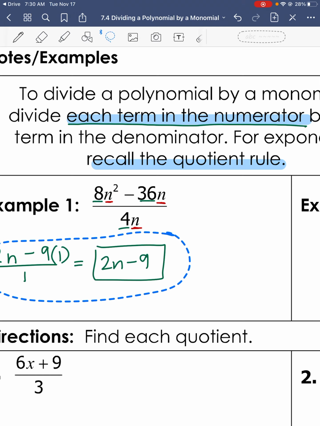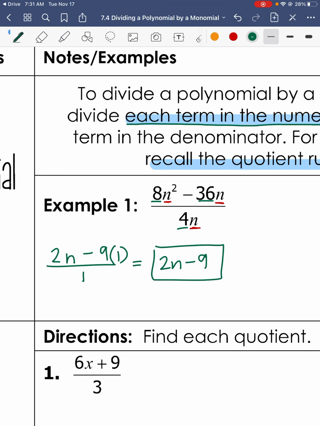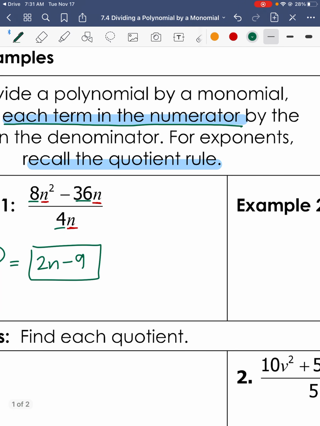Another way we can look at it, if it might be a little more helpful, is that when you have 2 terms in the numerator but 1 term in the denominator, you can also split it up. We could write this as 8n squared, and then you give the denominator to both terms, and this would be a minus sign because of this minus sign, and then we have 36n over 4n.